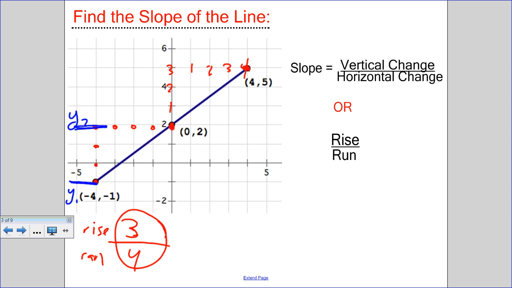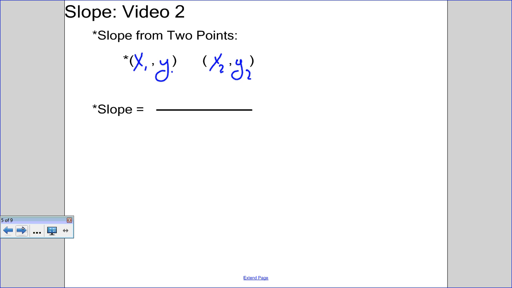And then we looked at the change from x1 and x2 on our horizontal axis to find our rate of change. We can use this to make an equation to find slope as y2 minus y1, or the difference of our y values, over x2 minus x1.